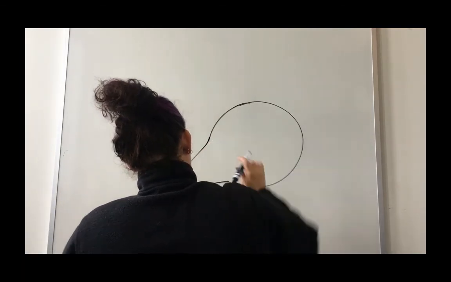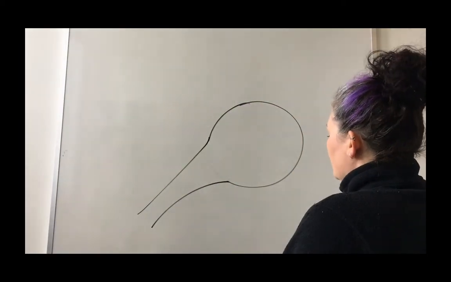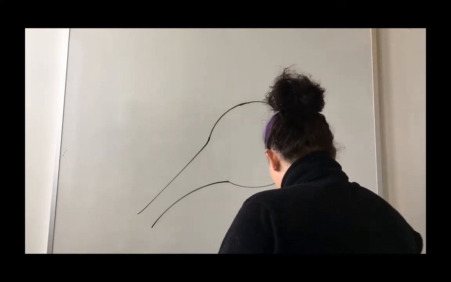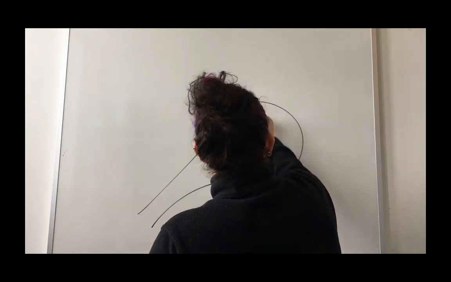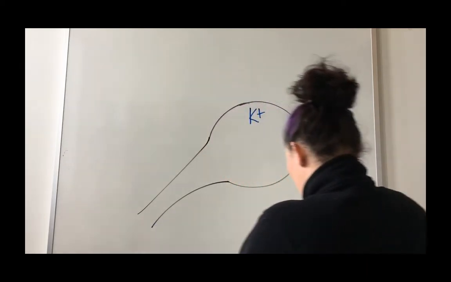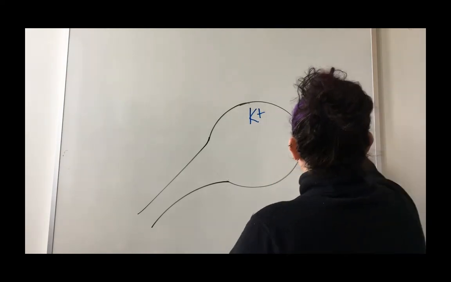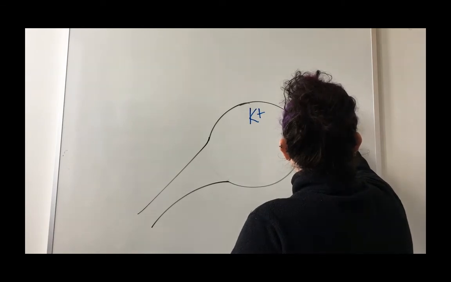All right, so we've got a cell body over here, and we've got an axon over here. We know that our primary intracellular cation is potassium, and our primary extracellular cation is sodium.